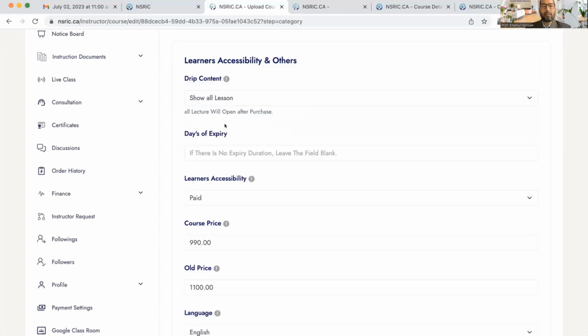May I add something here, Miss Anna? This is very important as a student, because when a student purchases the course, apart from NIST and K-12 unit courses, I think we should keep all the courses on show all lessons at once, because they will see the course lesson plan, course outline, and then they will purchase the course. When it comes to the NIST and K-12 unit courses, the Ministry has some prerequisites.